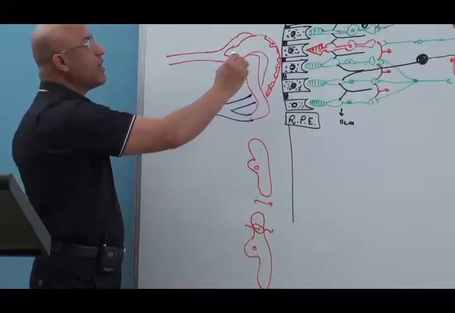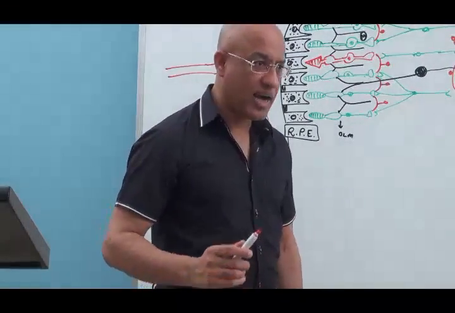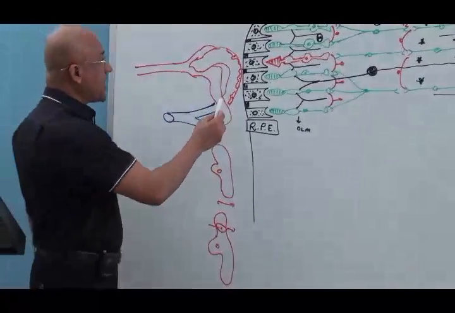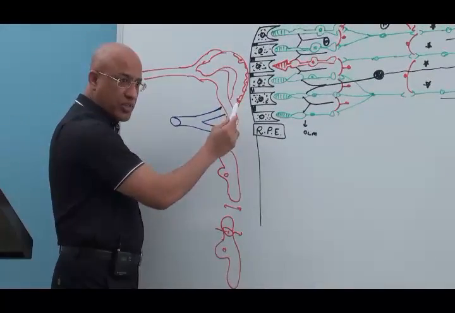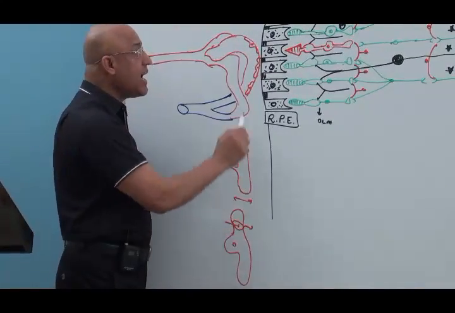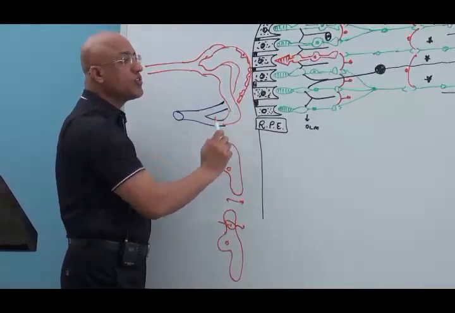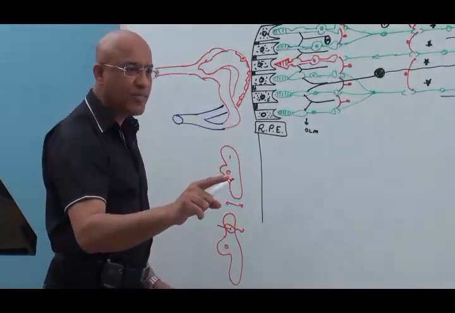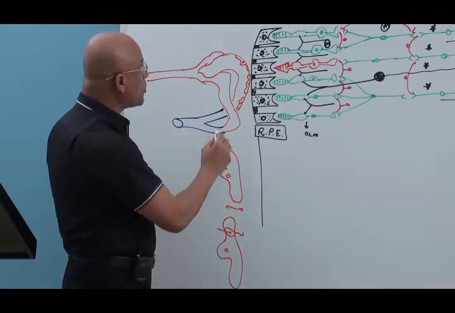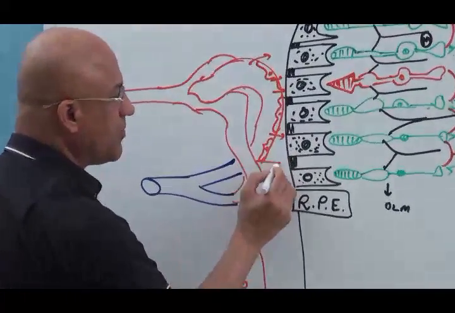So we say that choriocapillaries are highly porous capillaries, which have fenestrations, meaning apertures within the endothelial cell cytoplasm, and also interendothelial gaps. So it means this capillary endothelium is not working as a blood retina barrier. So many substances can percolate out from here, right?